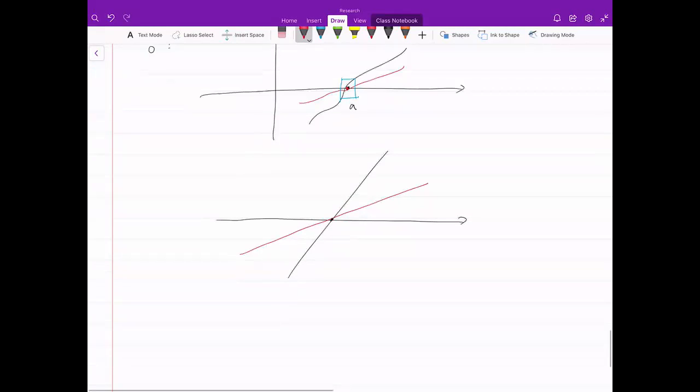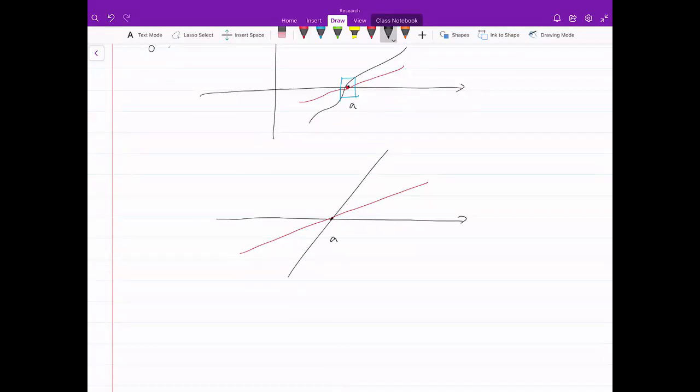Okay, now what are we talking about? You're talking about when you're very close to a, what is f(x), which is this, divided by g(x), which is this.